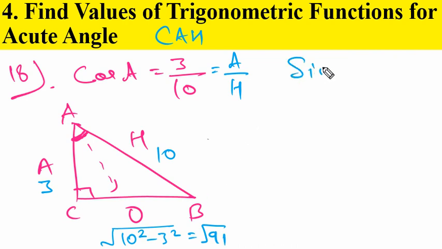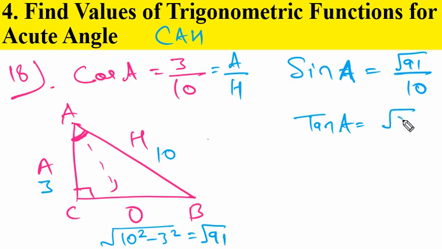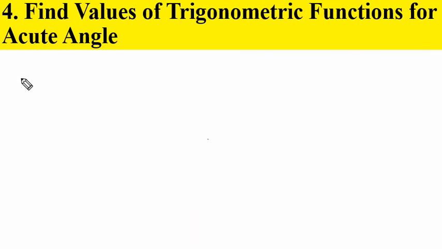Sine A will be opposite over hypotenuse, so square root of 91 over 10. Cos is already given, tan A will be opposite over adjacent. And the remaining, you know that you just have to flip, right? So let's not waste time, or else this video will be too long.